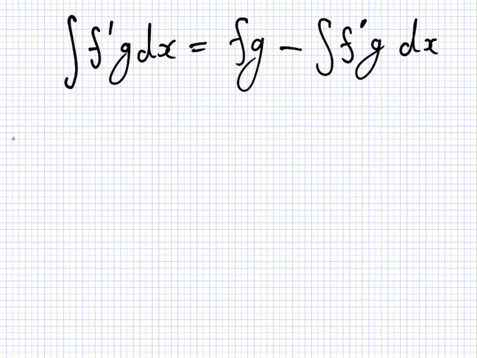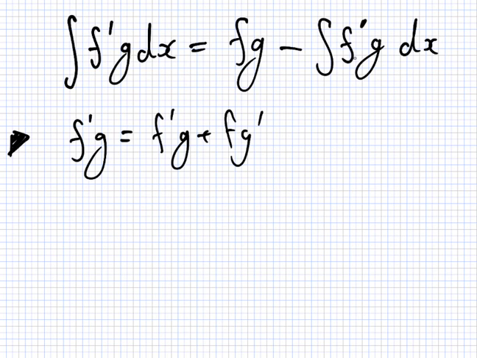And the proof is really, really short and really simple. If I differentiate everything, the derivative here is f g'. This is the product rule, so that's f' g plus f g', and then this here, derivative and antiderivative cancel.